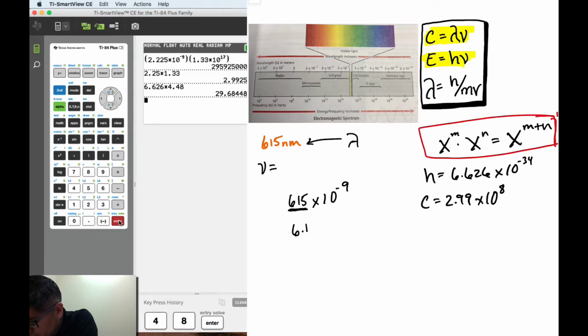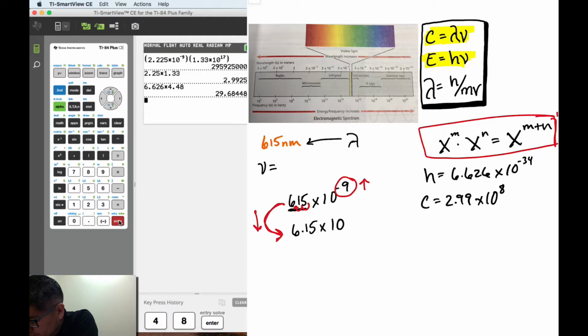So it's now 6.15 times 10, and now I got to ask myself, how does making 615 to 6.15 change my exponent? Recall that my exponent got smaller, so it went down. So that means that my exponent goes up. Now keep in mind, how many times did my decimal move? 1, 2. So it went over by 2.